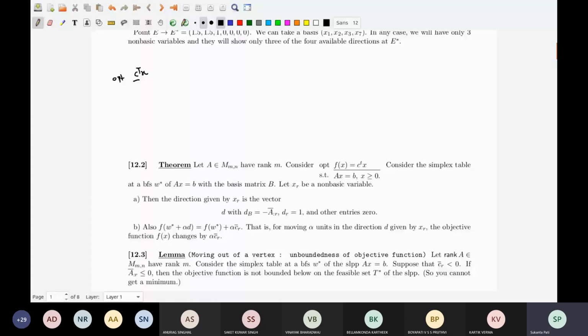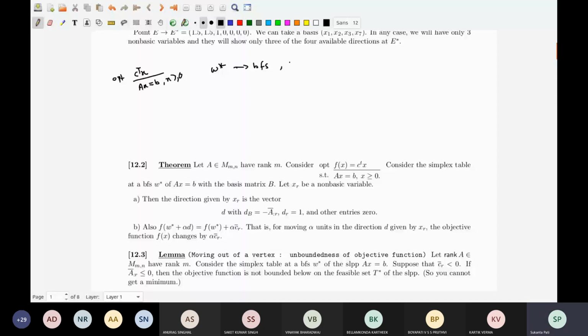Suppose this is the SLPP that you are looking at, and assume that W star is a BFS, a basic feasible solution. A basic feasible solution is one that represents a vertex. So it has a basis. Let's say the basis is B.